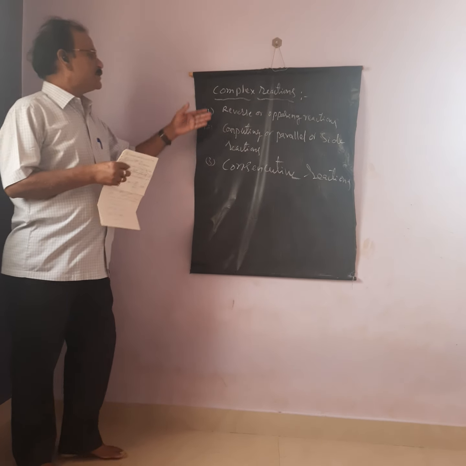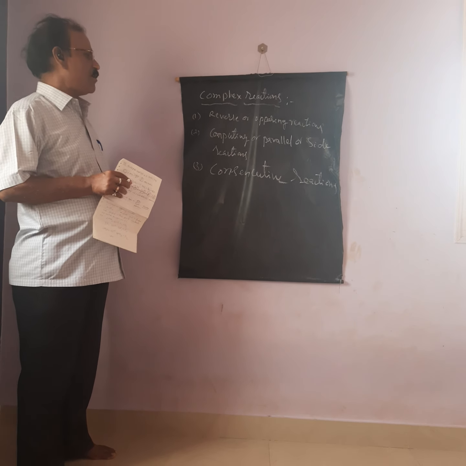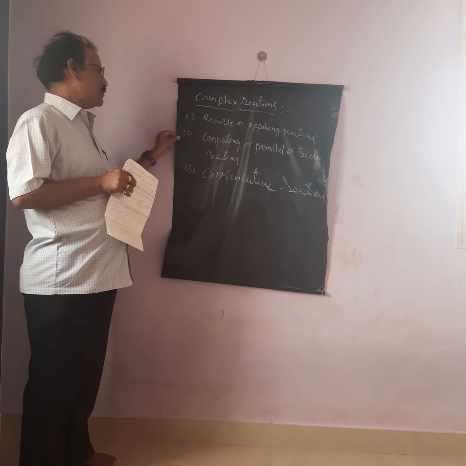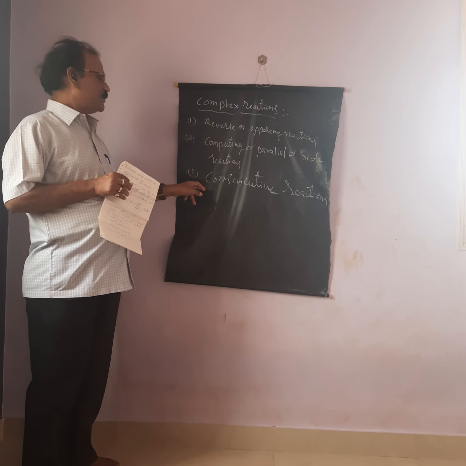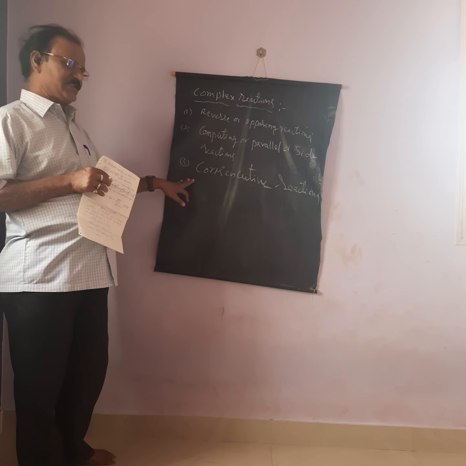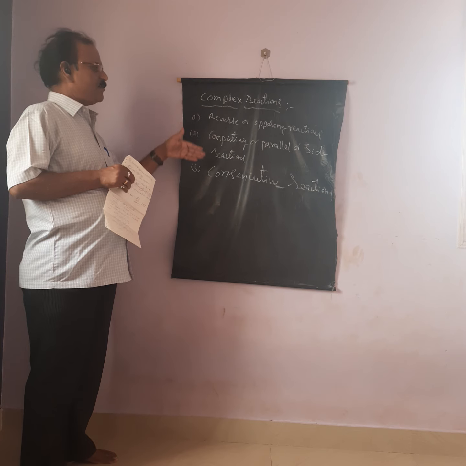So, complex reactions are classified into three types: reverse or opposing reactions, competing or parallel or side reactions, and lastly the conjugative reactions. And now I will explain one by one.